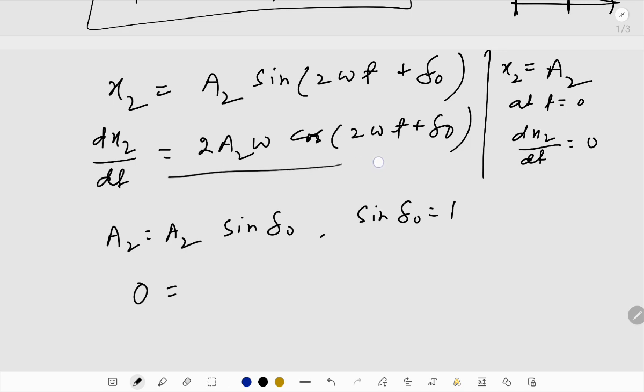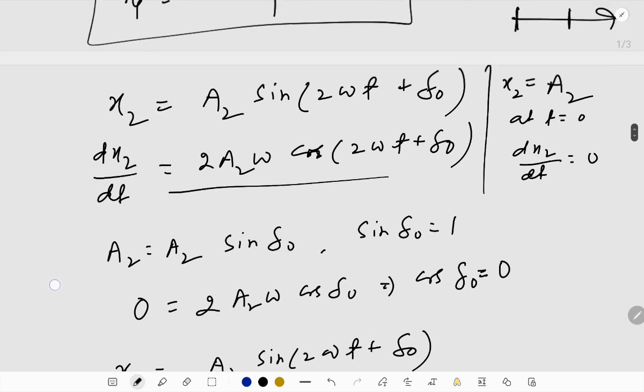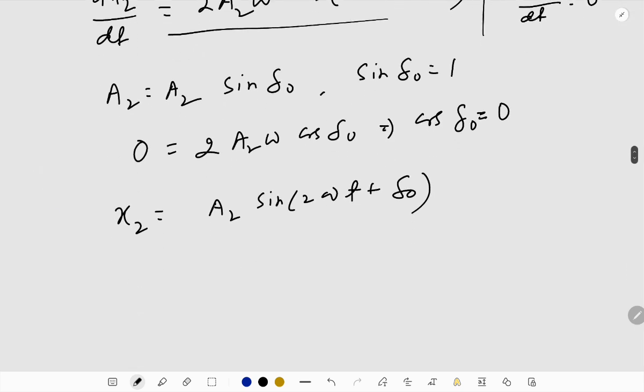From here we get 2 a2 omega cos delta naught, and that means cos delta naught is equal to 0. So I can write the equation as x2 equals a2 sine 2 omega t plus delta naught. Yeah, that's looking good.